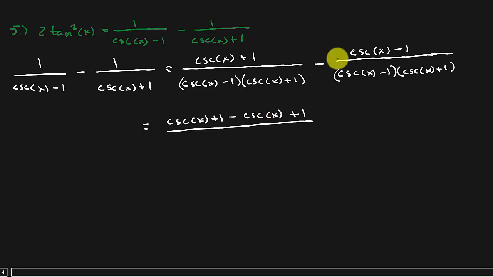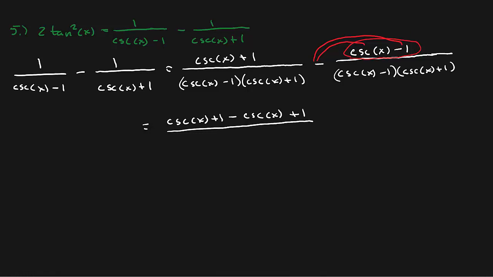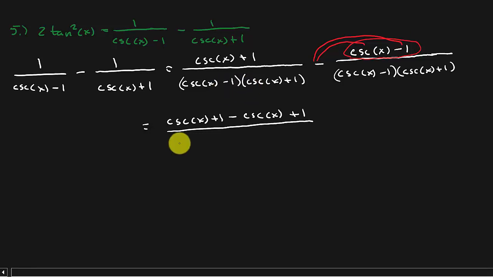Well, this is minus this entire numerator, so I have to distribute the negative. You see that? And then I'm going to multiply this denominator out. That's cosecant squared x minus 1. All right, so this is going to give me 2 over.